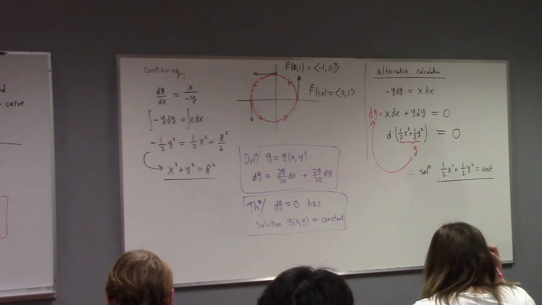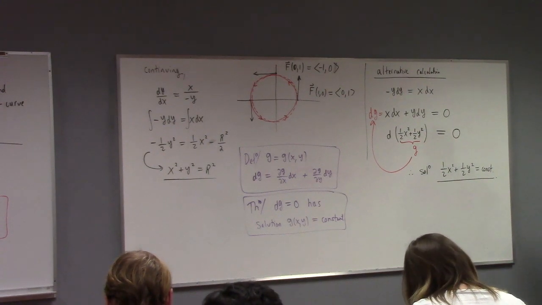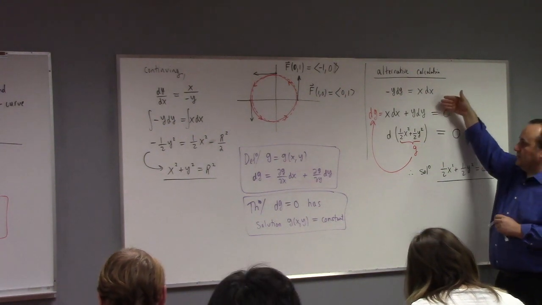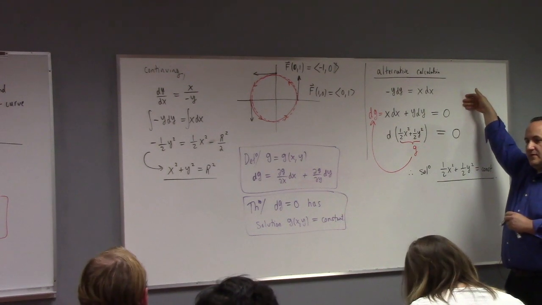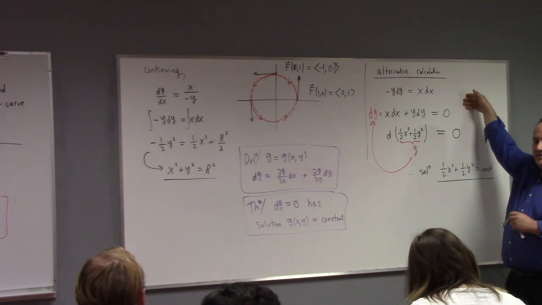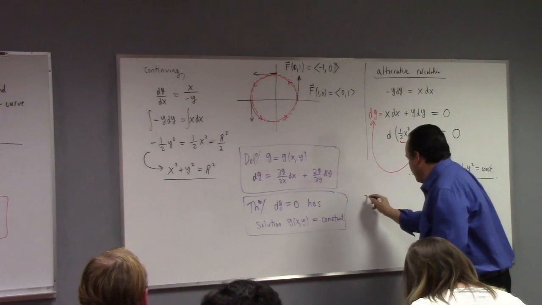So if it's possible to write your differential equation in this way, if you can take a differential equation in Pfaffian form and rewrite it as the total differential of a single function, then the differential equation is said to be an exact equation. Let me state that more precisely here.